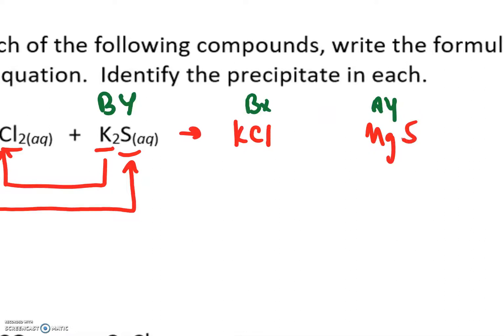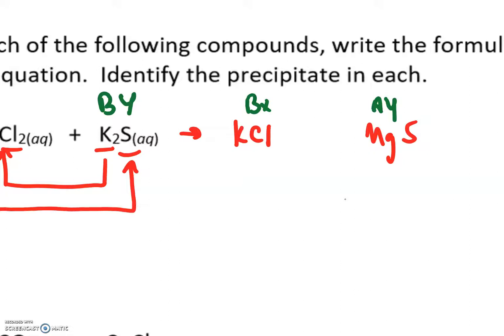Now they look like this because potassium only has a charge of +1 and chlorine has -1, so you don't need any subscripts. And magnesium has a charge of +2 and sulfur is -2. So the drop and swap would be Mg2S2, but we don't really do that when they're both the same.